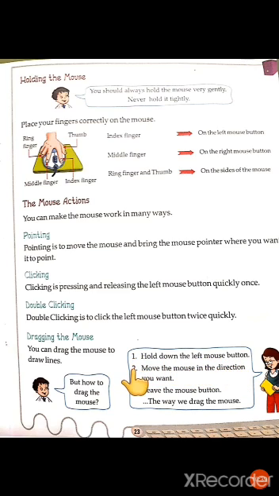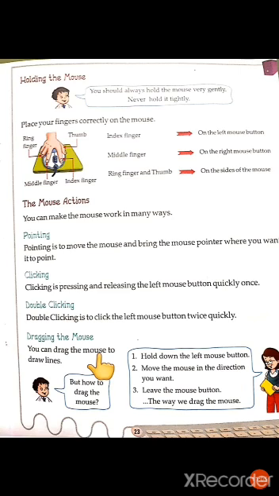So actually in clicking we press and release very quickly, but here we hold down the left mouse button only. We hold it, then move the mouse in the direction we want.